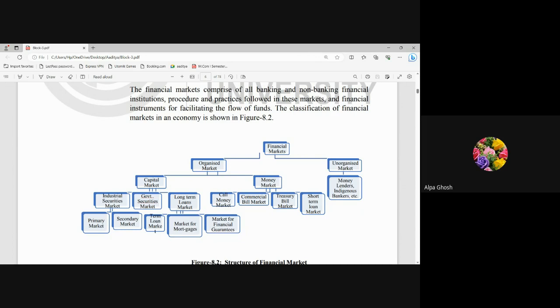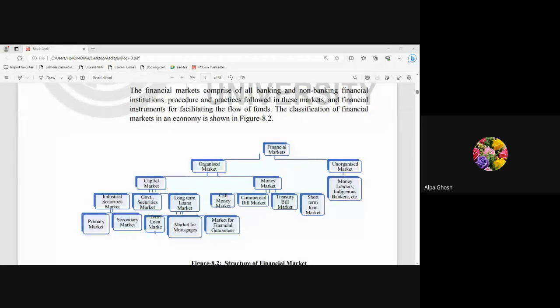So you all belong to African countries, everyone? Yes, ma'am. Okay. Like in India, we have a central bank, the Reserve Bank of India. What is your country's central bank? Central Bank of Nigeria.